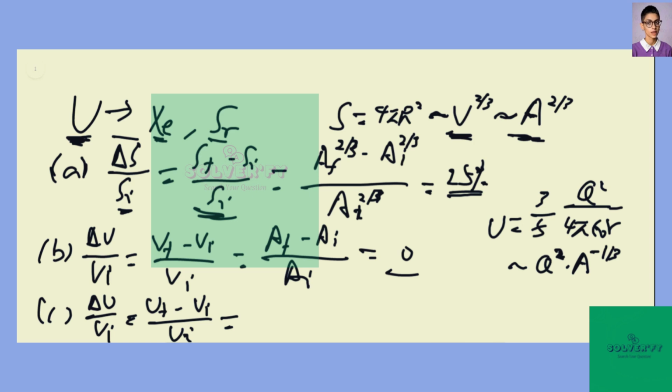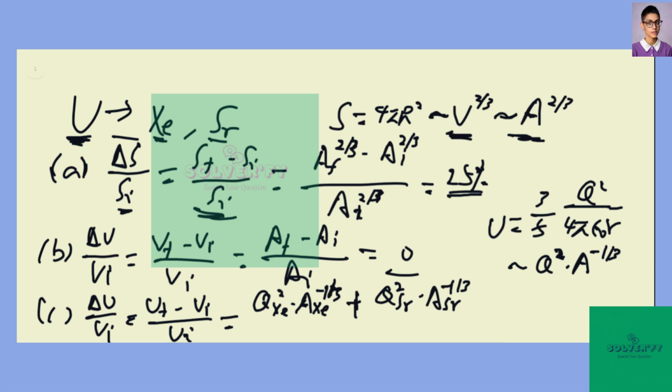UF is the final state, which is Q of this element squared times A of this element to the power negative 1 over 3, plus the other element, which is Q of this element squared times A of this element to the power negative 1 over 3.